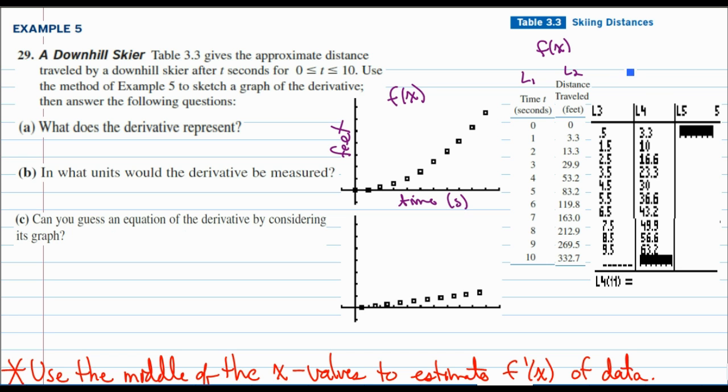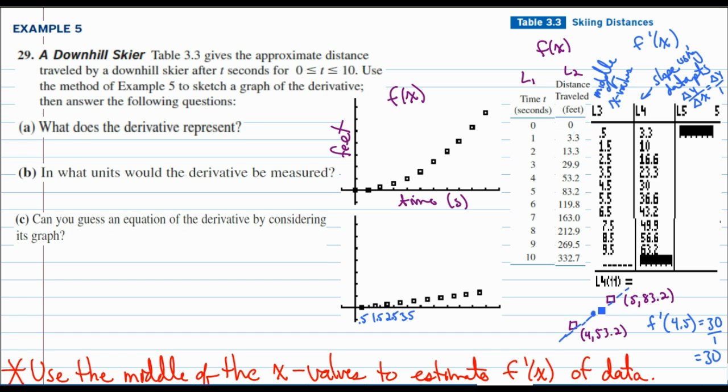However, for f prime of x, I used in between the x values. See, between 0 and 1 was 0.5. Between 1 and 2 was 1.5. Then for the y values of the derivatives, I just calculated the slope using data points.